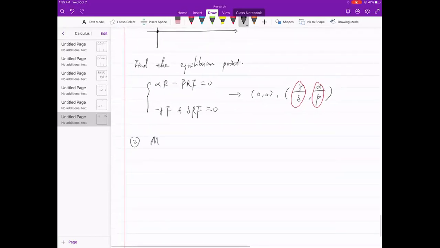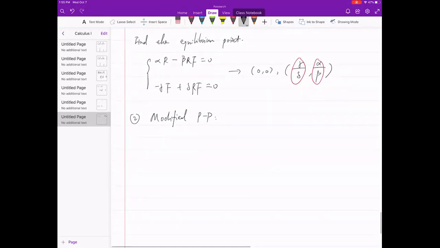Case 2, modify the predator and prey, which is in the code.